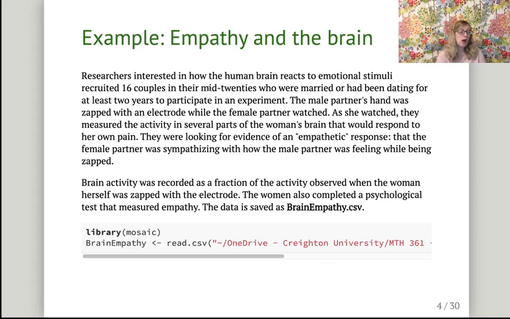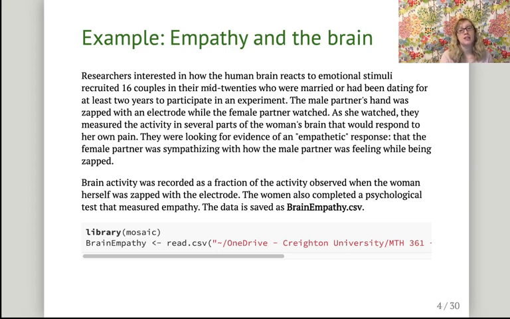The idea was that if the female partner is feeling empathetic, then these areas of her brain would light up when watching someone that she cared about feeling the pain. This brain activity was then recorded as a fraction of the activity observed when the woman herself was zapped with the electrode.